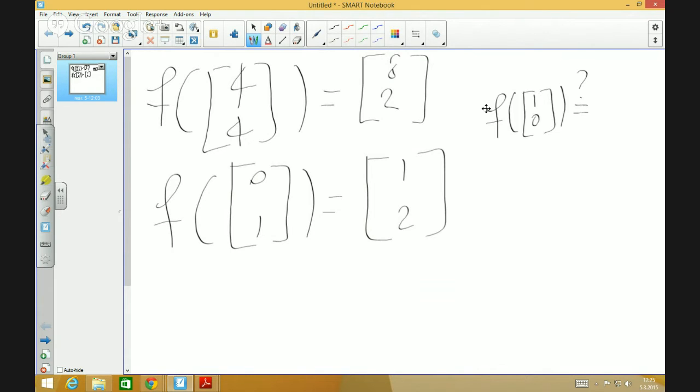How would you go about solving this problem, answering this question that Dr. X asked? Okay, so you know that f of (4, 4) is (8, 2). So what is f of (1, 1)?